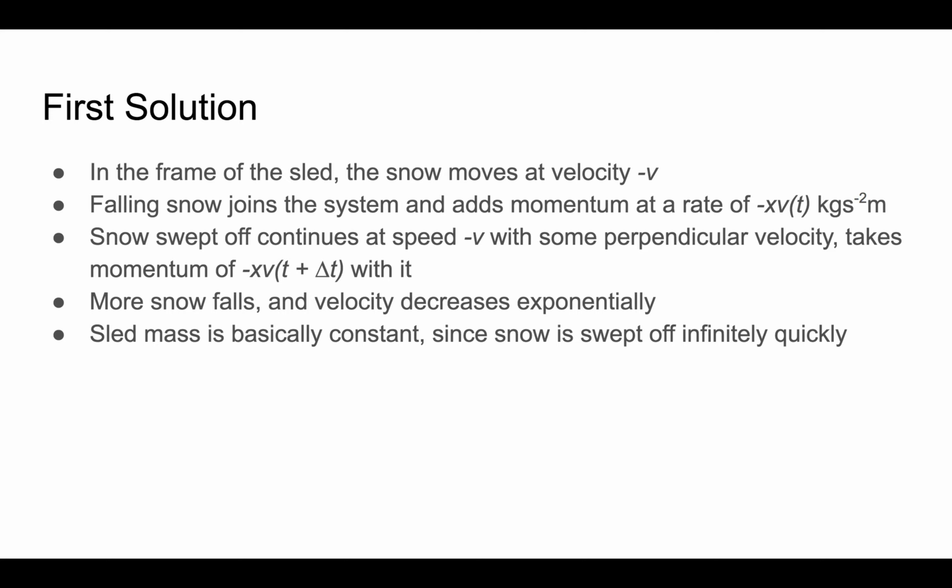Anyway, we sweep it off, and it takes negative x times v of t plus delta t momentum with it. And that has a smaller magnitude than negative x times v of t. So a large amount of negative momentum falls on the sled, and then we sweep off a small amount of negative momentum. So the magnitude of the momentum of the sled is still decreasing.